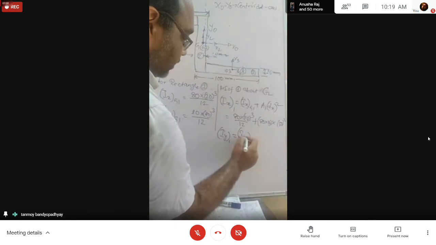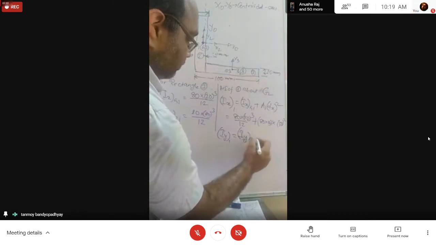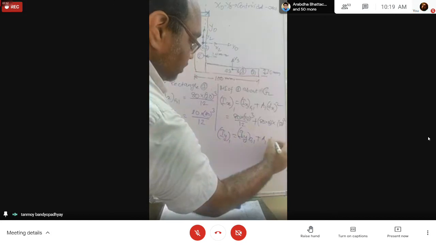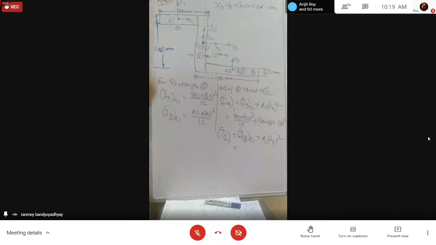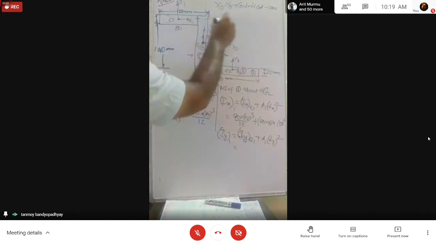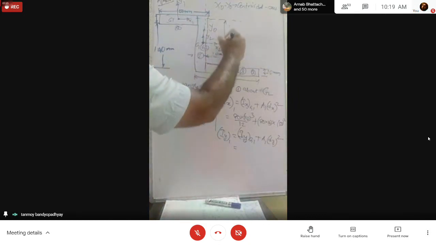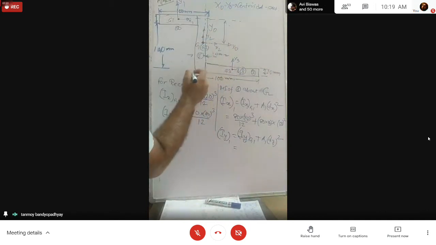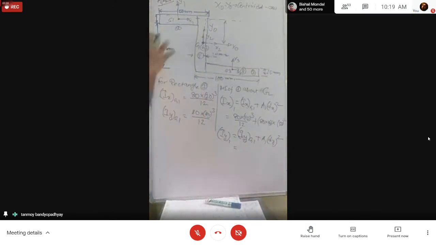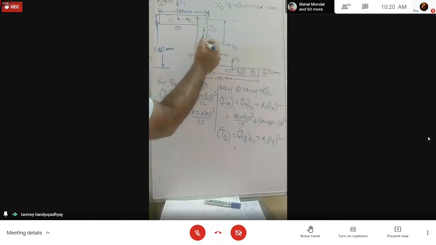Iy about G1 plus A1 into dy square. Sorry, I made a mistake. This is dx, the distance between these two axes, and this one is dy. The total is 140 plus 20, that is 160, by 2, so 80.